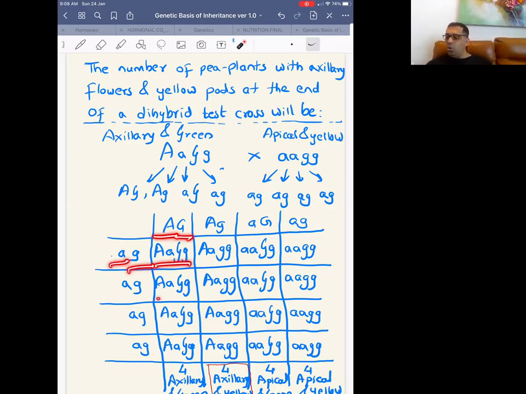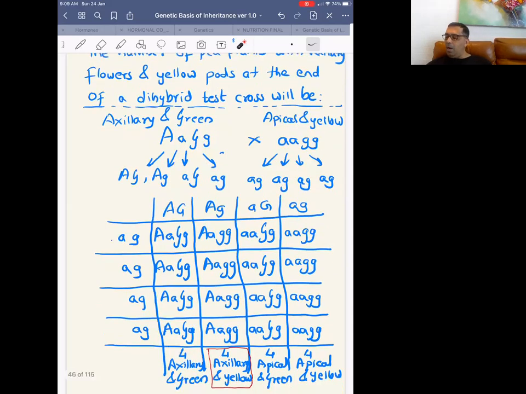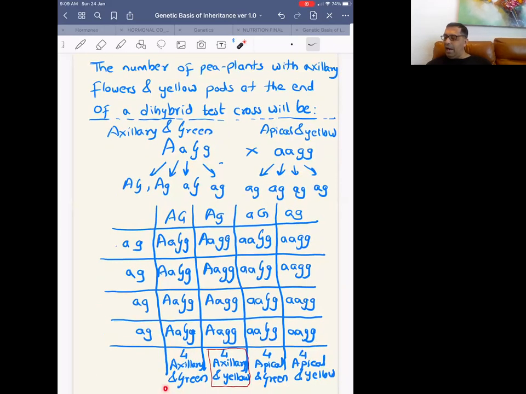तो ये चारों चार कौन से आएंगे? Capital A, small a, capital G, small g. So 4 of them are axillary and green. Axillary also, green also. Then we have capital A small g with small a small g.